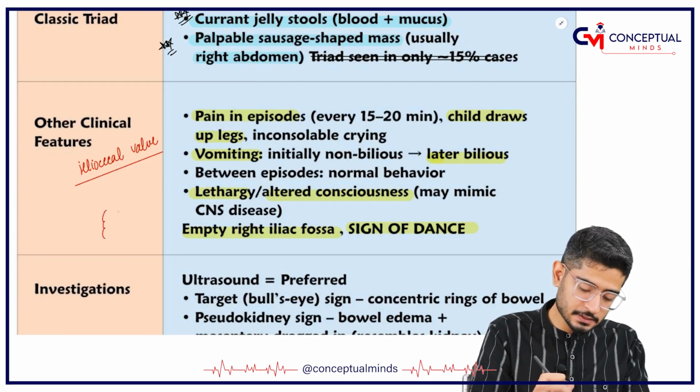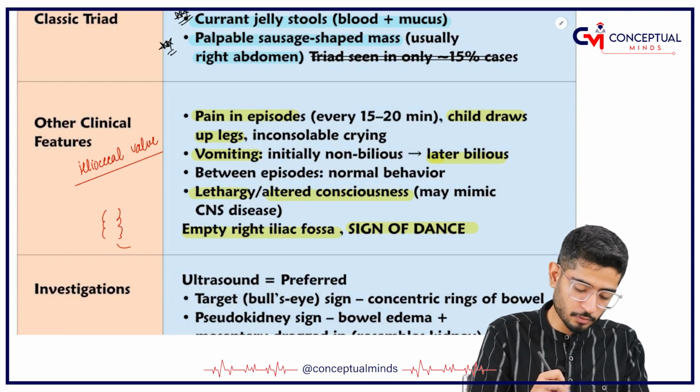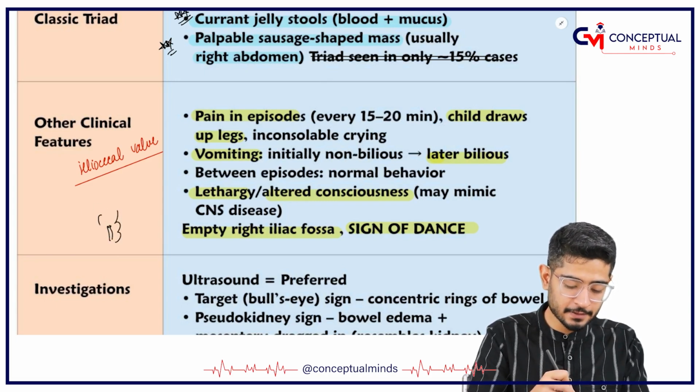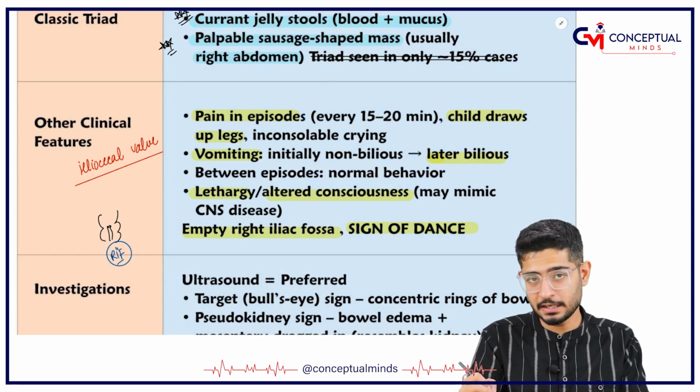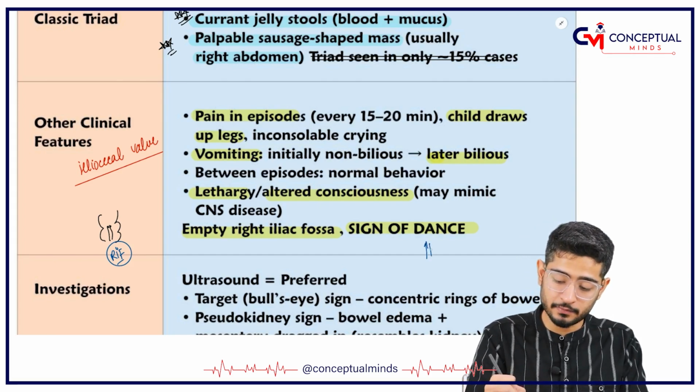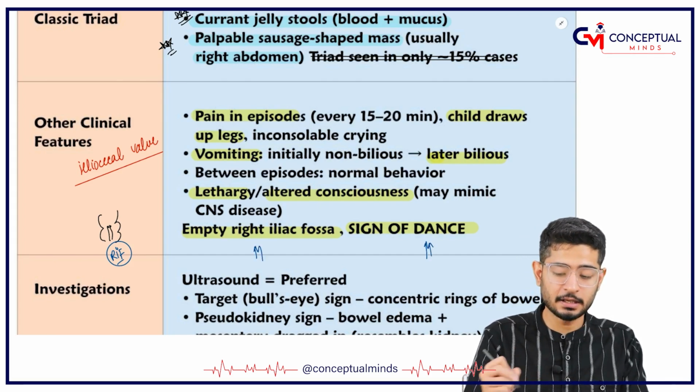See, this is actually the colon, and this is the ileum which is going to open inside it. So in most of the cases, the ileum is going to get inside the colon. And if it is getting inside the colon, this right iliac fossa is going to get empty, and because of the right iliac fossa emptiness, there is a sign of Dance or the empty right iliac fossa that's going to occur.